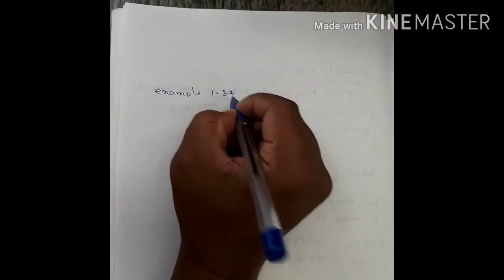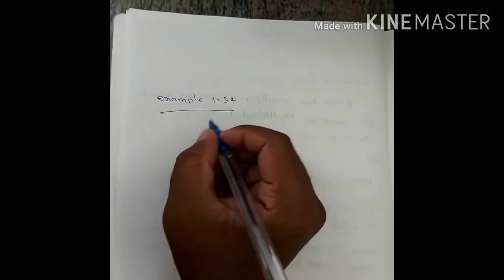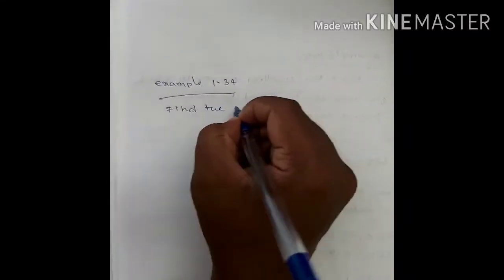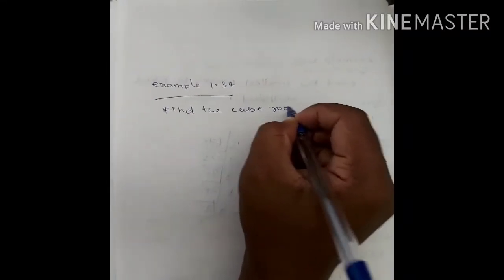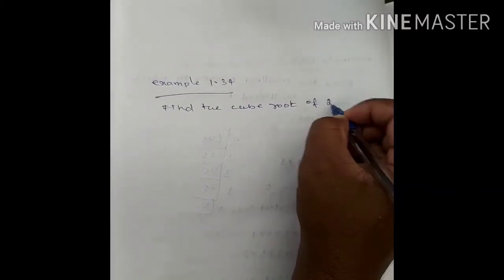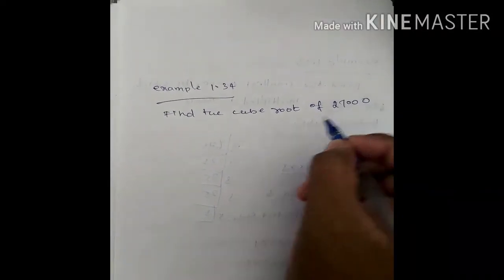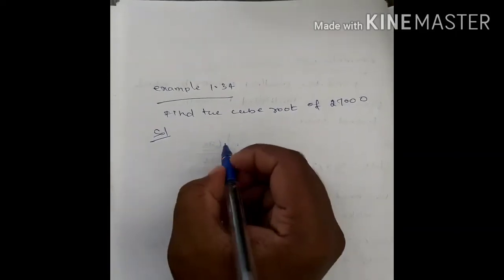Next sum, example 1.34. Find the cube root of 27,000. So this one is very easy, directly you take the prime factorization method.